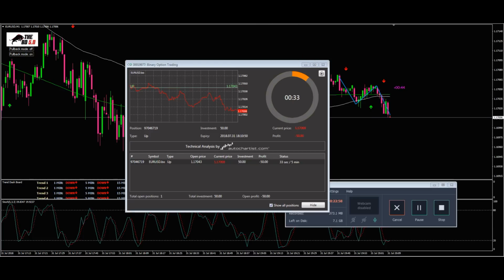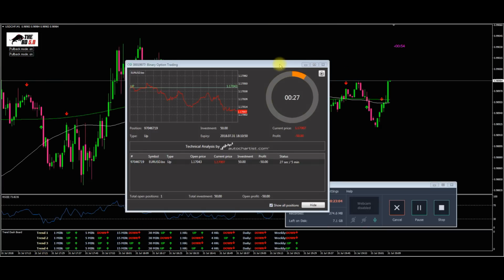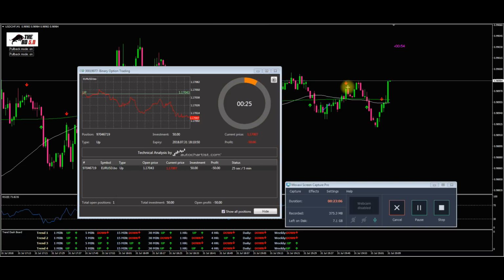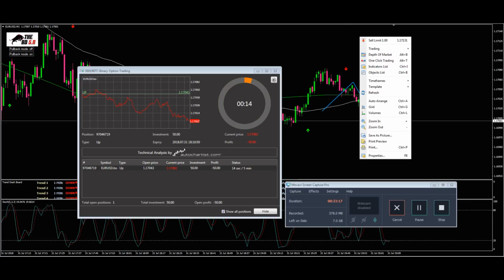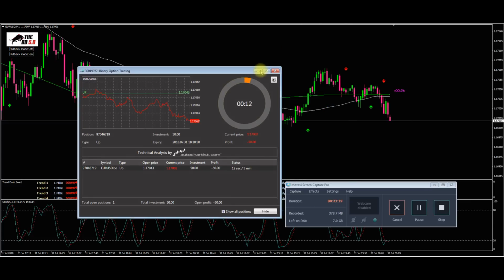Now watch USD CHF. It's going to do the complete same, but the opposite. Look, trend up, pull down, trend up. It does the exact opposite. We've now got big green candles, and look at USD, big red candles. So yeah, as you can see, I'm going to lose that trade.